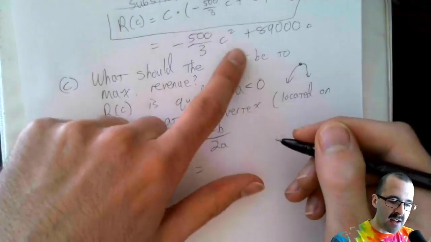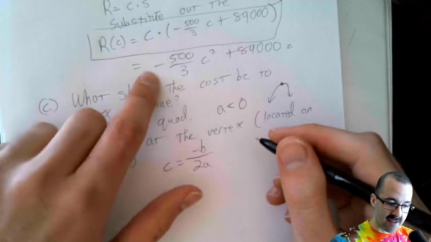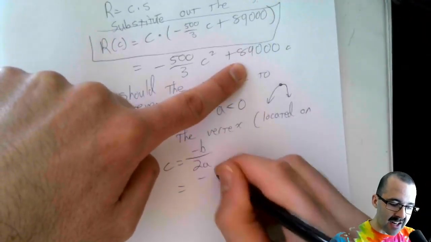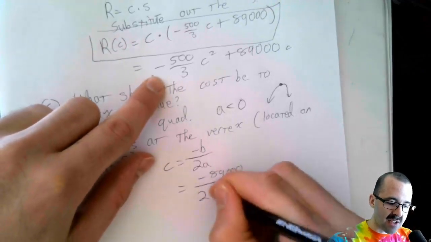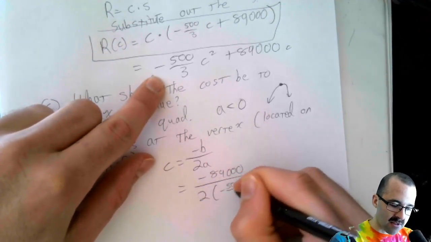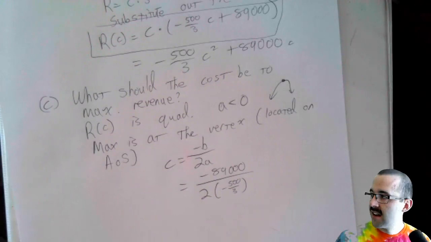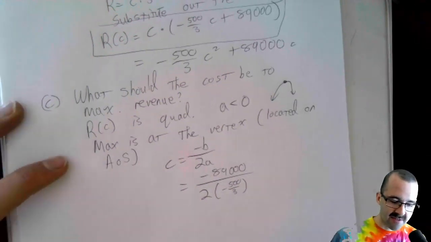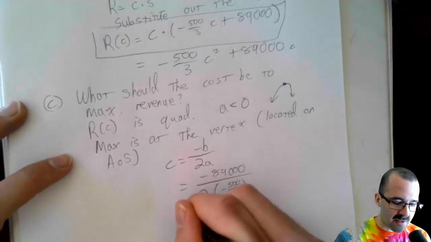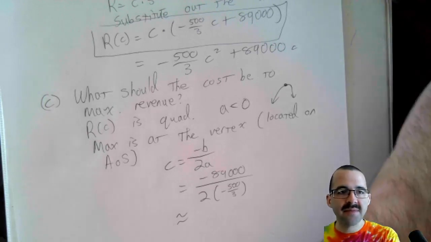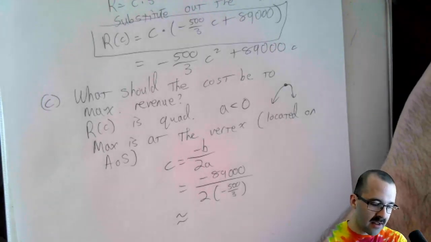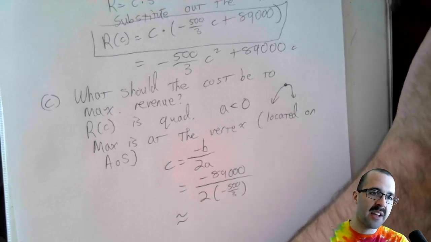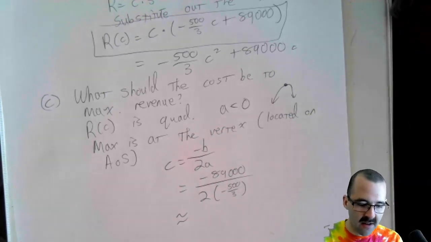And remember that this formula is just the quadratic formula without the square root. So, this is going to be ugly. Negative b is going to be negative 89,000 divided by 2 times a, which is negative 500 thirds. Let's type that into a calculator. You could simplify it by hand if you wanted to, but we'll type it in. If you type that into a calculator, you get negative 89,000 divided by 2 times negative 500 divided by 3.